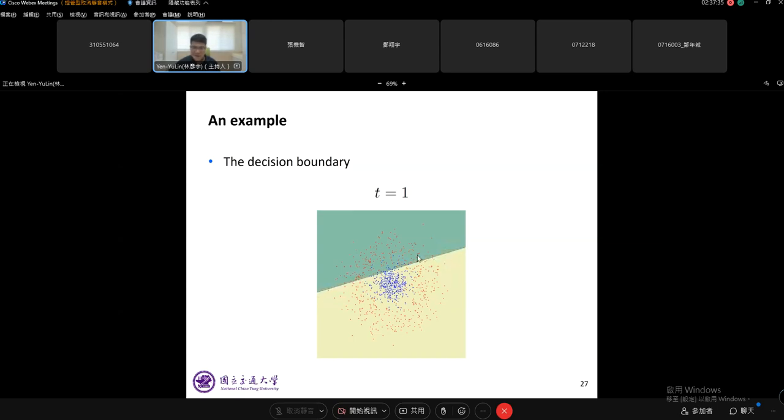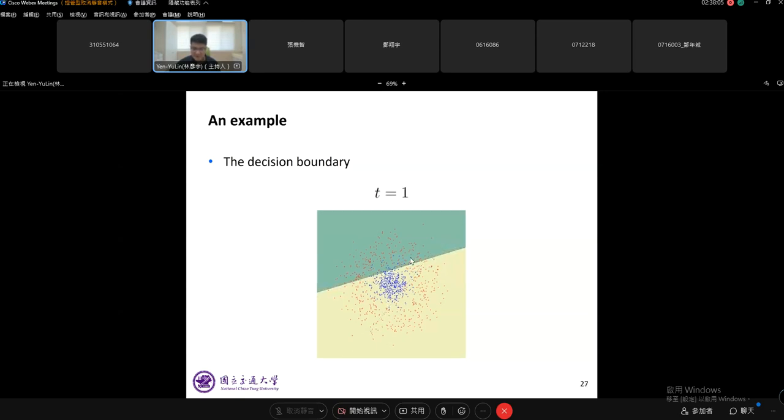After choosing the first weak learner, we update the data weights, where we increase the weight of the data that are misclassified by the first weak learner. After the data weight update, we can select the second weak learner. This is the decision boundary of the second weak learner.